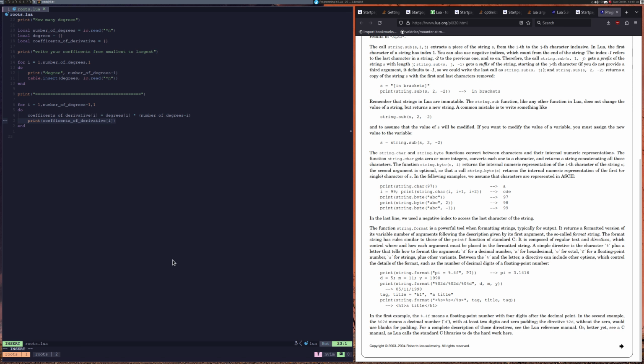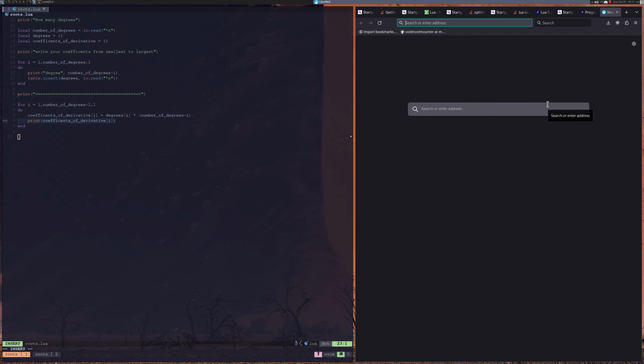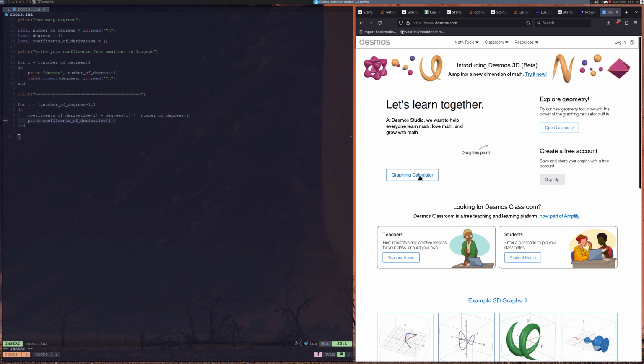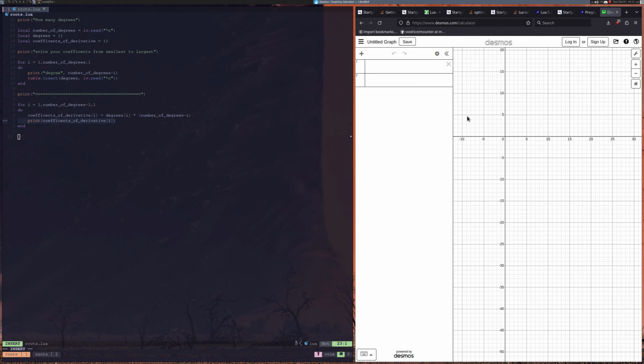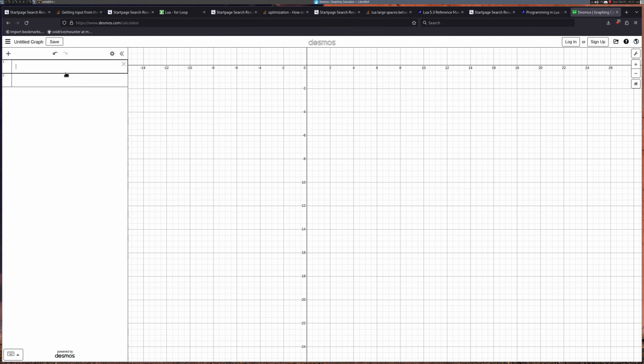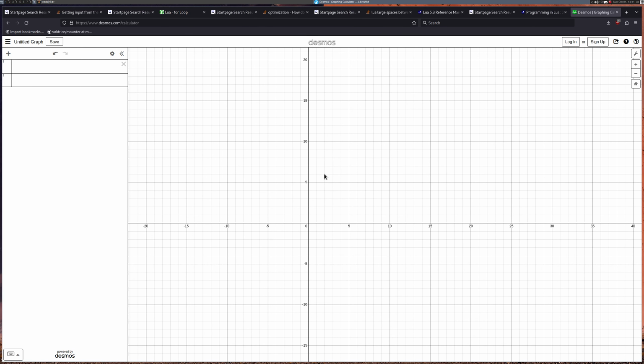Okay, so now it's time for the fun part, kind of. So if we want to find the coefficient, let's go to Desmos. So you have the function f of x, and let's just write it like -5.